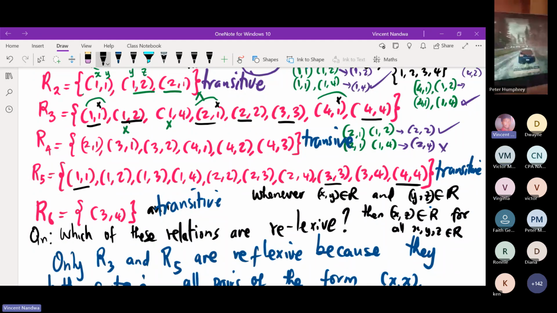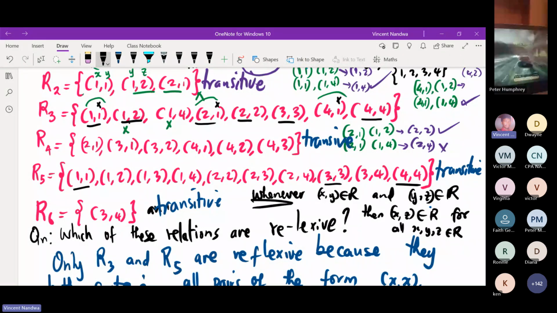If there are no 3 elements to compare, the whenever part is trivially obeyed by default. So R6 is transitive.